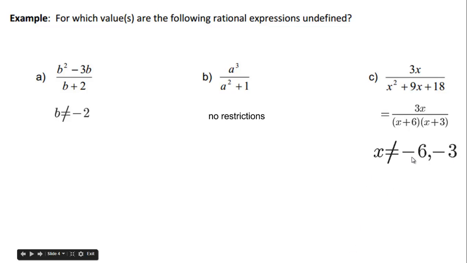Don't get too comfortable with the fact that just the sign is changing here. If this was 2x plus 3, we'd have to solve that little equation. You might even want to write that down. If you have 2x plus 3 cannot equal 0, then that would be x cannot equal -3 halves, or -1.5.